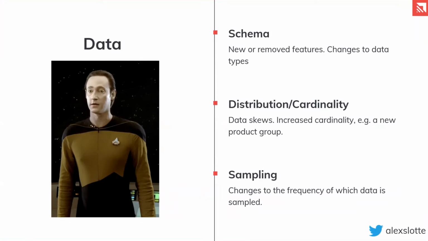Distribution and cardinality is a very common thing to cause retraining. With that, I mean categorical cardinality. Let's say we have a fraud classifier, trying to predict if we have fraudulent transactions on our credit cards. Previously, we had about 30% of our data sets being fraudulent cases and the rest being non-fraudulent.